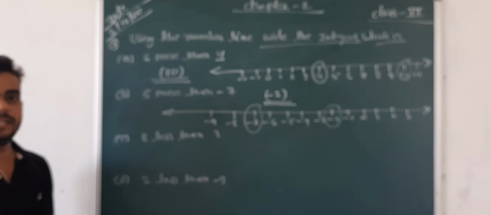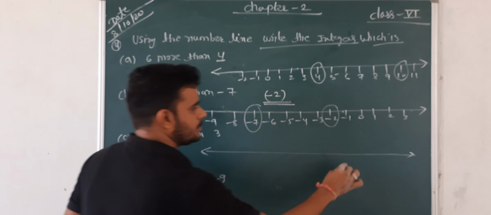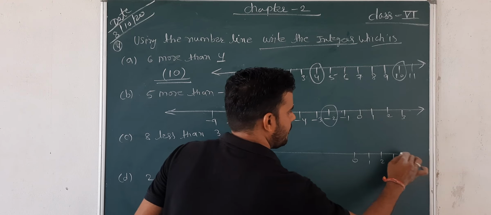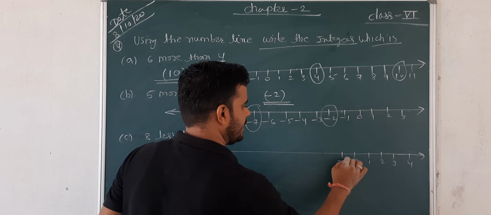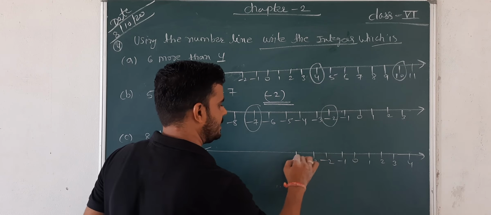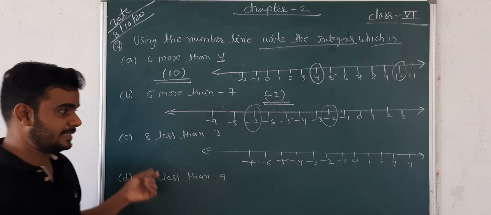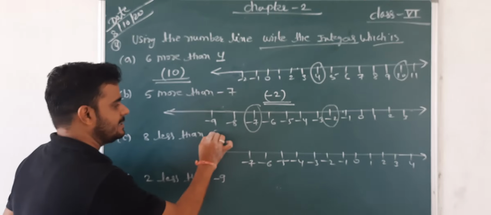Next, 8 less than 3. So 0, 1, 2 and 3, 4. Negative 1, negative 2, negative 3, negative 4, negative 5 and negative 6 and negative 7. So the number is 3. So we are standing on 3.